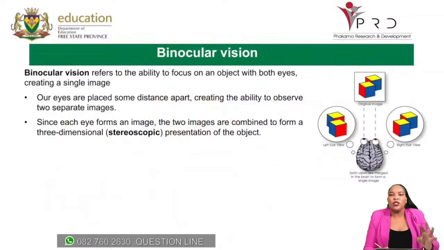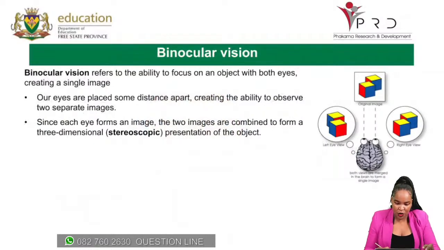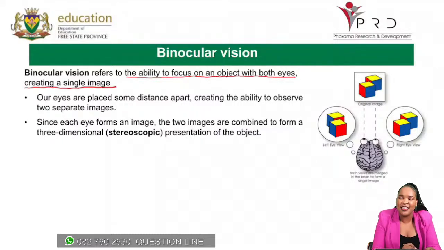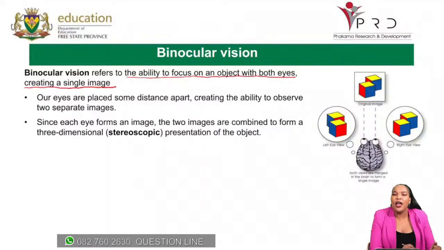Then we come to the next thing that we spoke about, which is binocular vision. What is binocular vision? Binocular vision is the ability to focus on an object with both eyes but creating a single image. Let us do a small, simple experiment. You can close one eye and focus on any image that is in front of you, whether the person sitting next to you or the board.